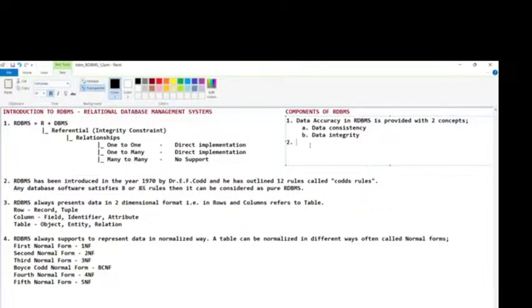One is under the foreign key constraint topic. Second, I'll explain under views. Data integrity, I'll cover in the integrity constraints topic.